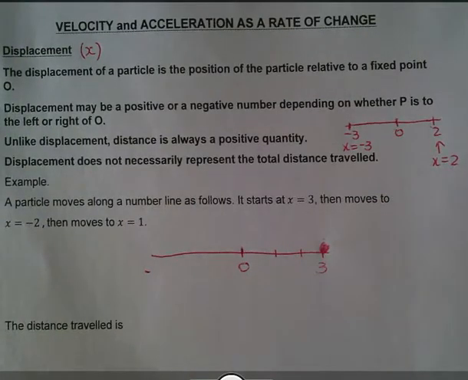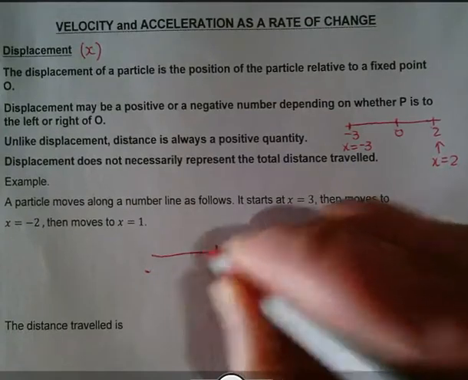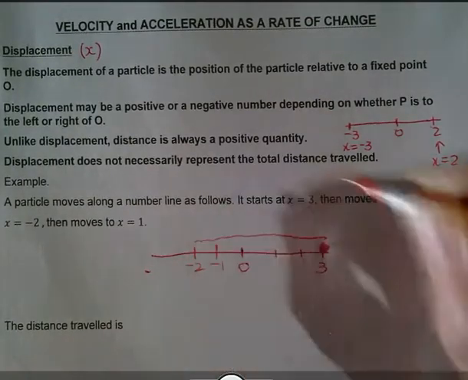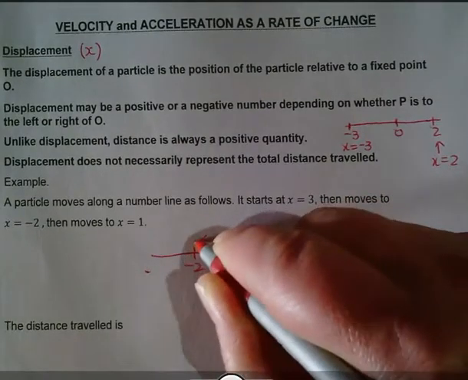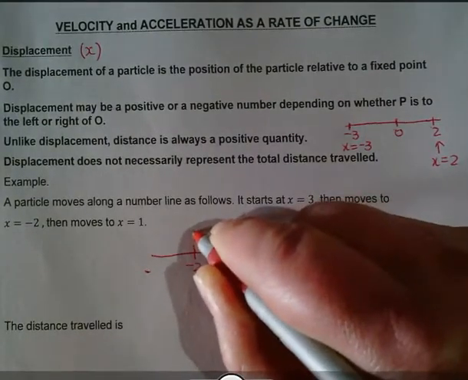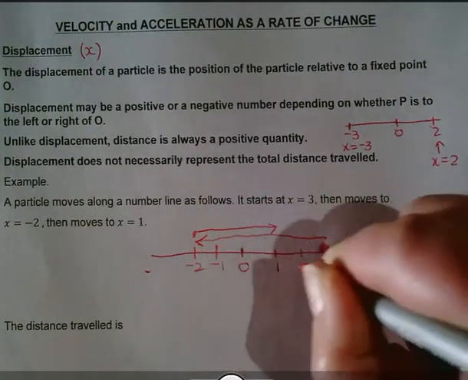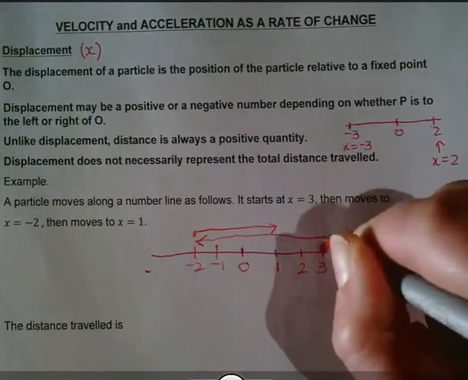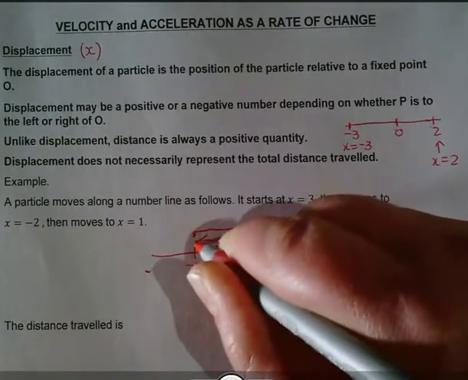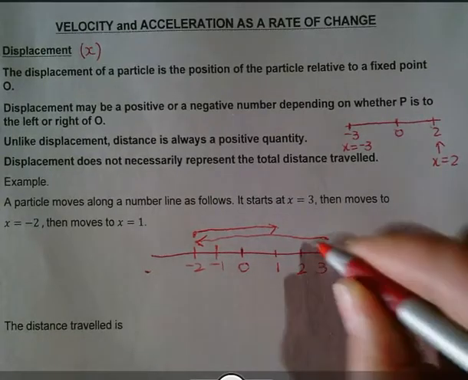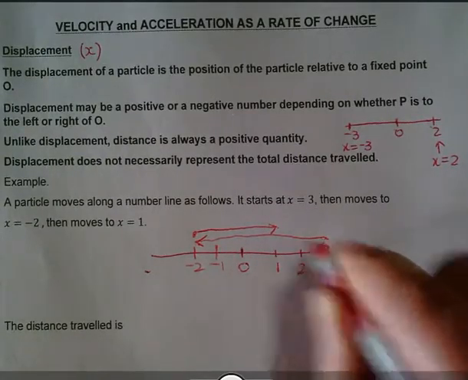And then it moves to x is -2, which is down here. And then it stops, and then it goes back to x is +1, which is here. So it moves from x is 3 to x is -2, and then it moves to x is +1. So the distance travelled will be from 3 to -2.